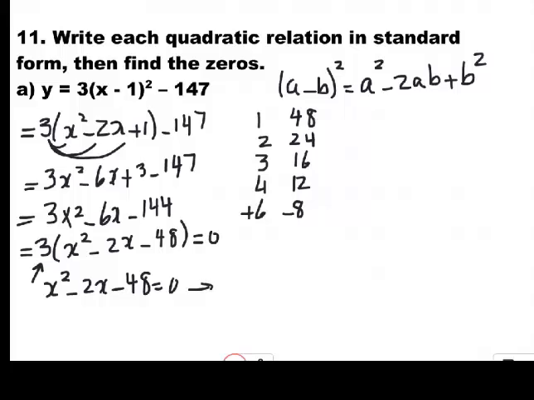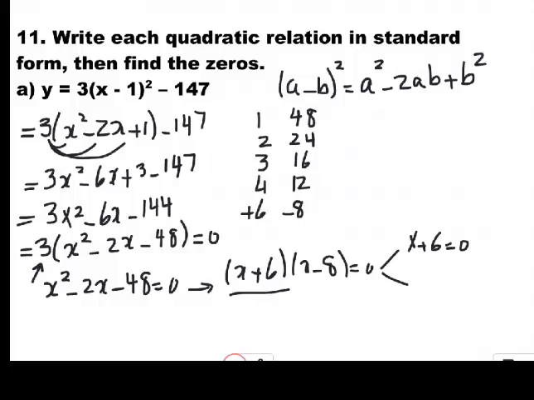So I can write this as x plus 6 times x minus 8 is equal to 0. There are two possibilities. Either x plus 6 is 0, so x is negative 6.